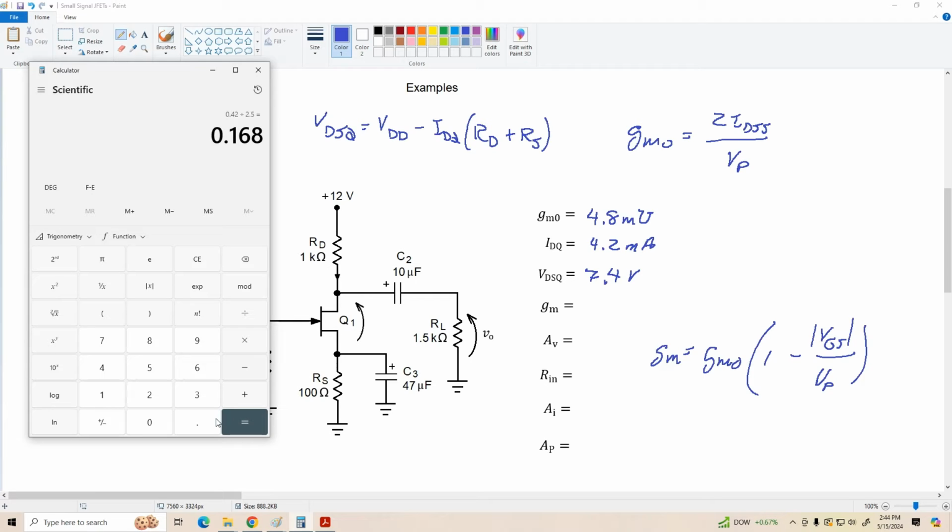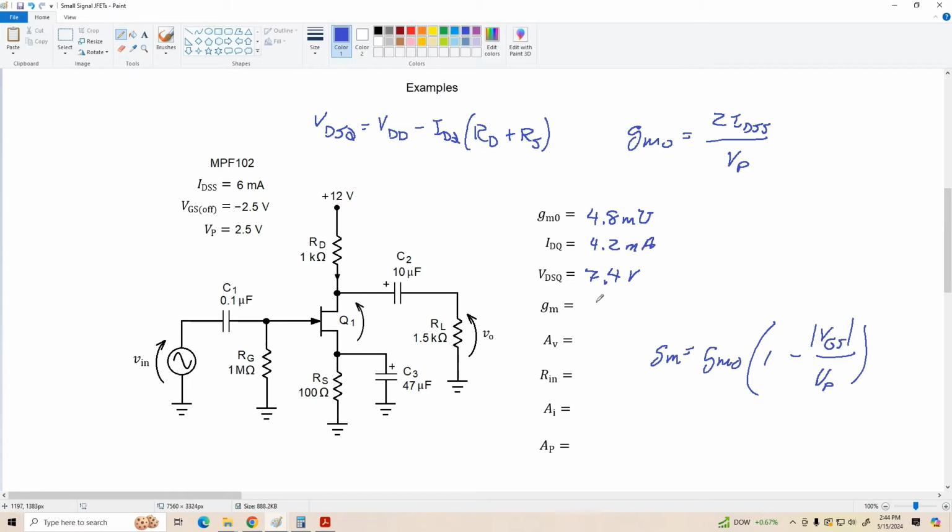We'll subtract that from 1 and multiply that times GMO, so times 4.8 is, let's just call that 4 millimhos, okay? So GM is 4 millimhos.